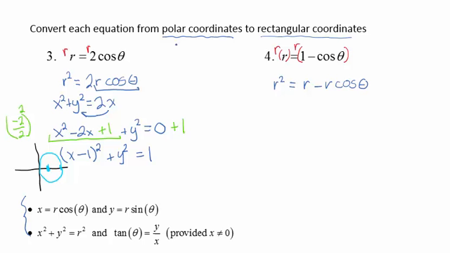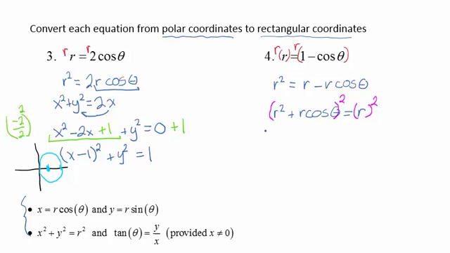And so we would have r squared plus r cosine of theta equals r. The r squared, we know how to take care of that. The r cosine of theta, we know how to address this. But this extra r term over here, we're not sure what to do with just yet. So again, we imagine squaring both sides of our equation.